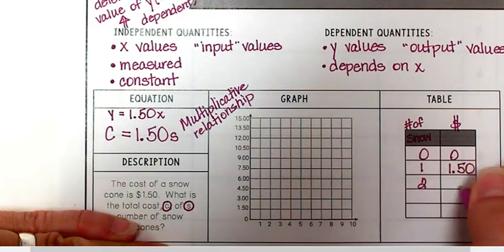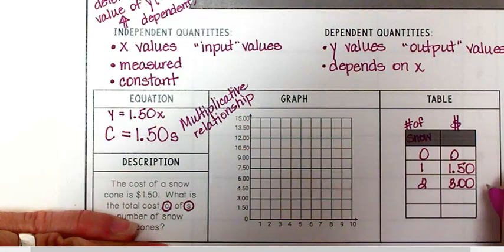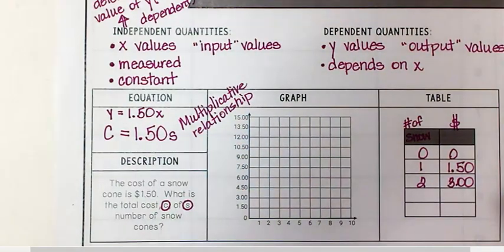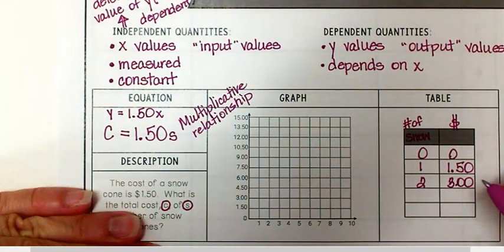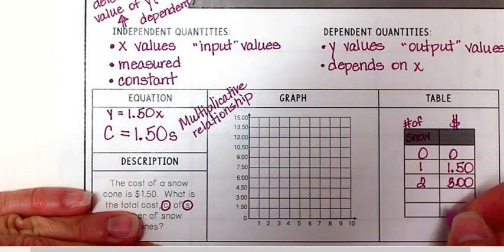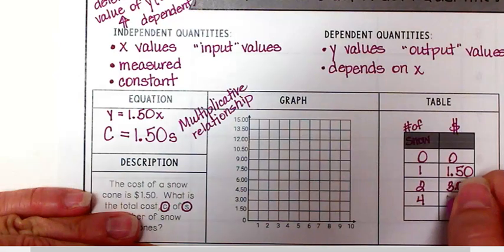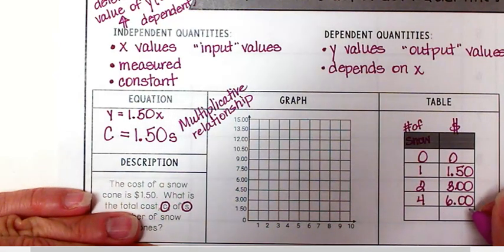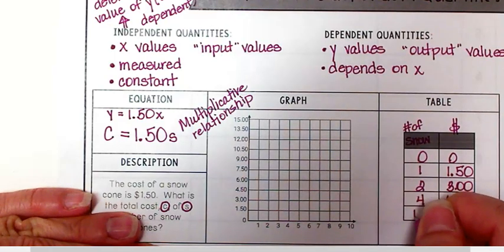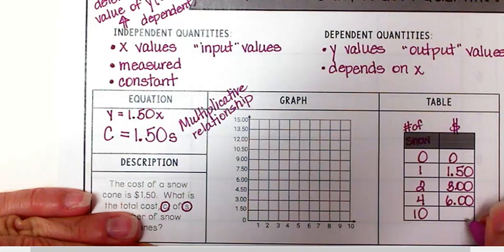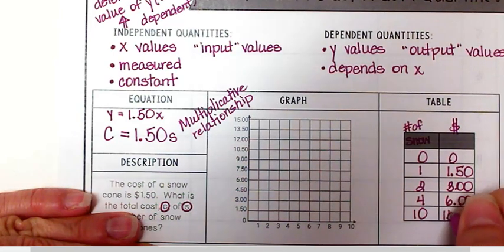If I buy 2 snow cones, it's $1.50 times 2, that's $3. Okay. I can do 3 and 4 and 5 and 6. Let's say I buy 4 snow cones. 4 times $1.50, I've spent $6. What if I buy 10 snow cones? 1.50 times 10 is $15.